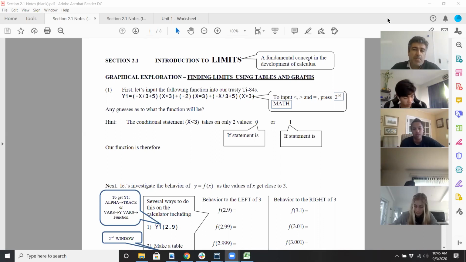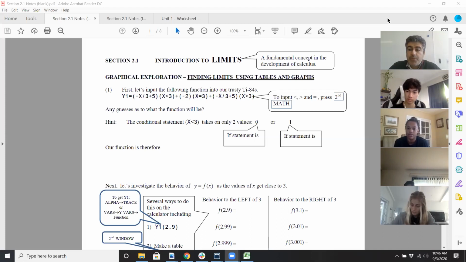You could probably use Desmos, but I really want you to learn how to use this well, because if things return to normal in the spring and the AP exam is done the usual way, you can't use Desmos. You have to know how to use this. So I don't want it to be a struggle or a pain if we're meeting in person or doing a hybrid model, since I haven't really been using this in the fall. So I'm going to ask you to really use this.